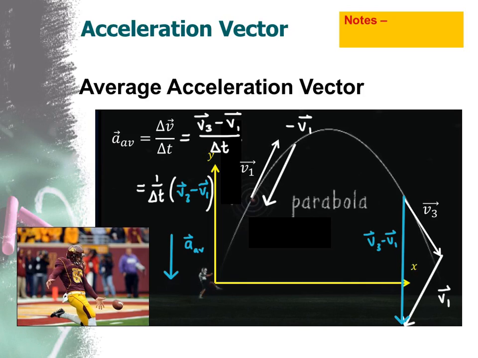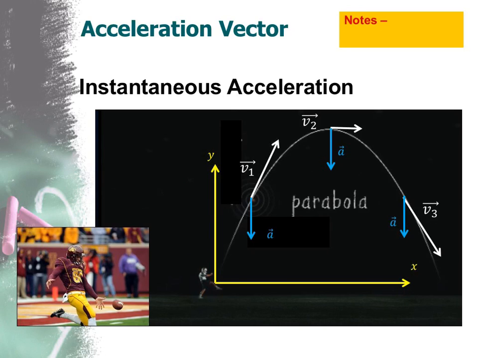So if I know that the acceleration is always pointing downward and it's always the same value, negative 9.8 meters per second squared, well, that's what this average acceleration vector should be as well, because it's always the same acceleration no matter where I am along this trajectory for the football. So that does make sense to me.